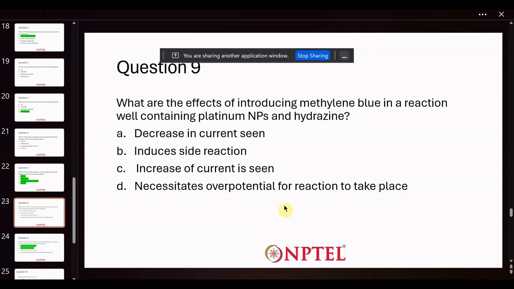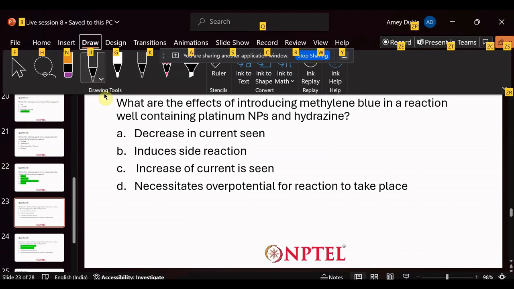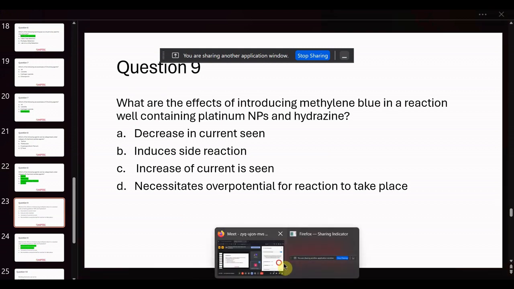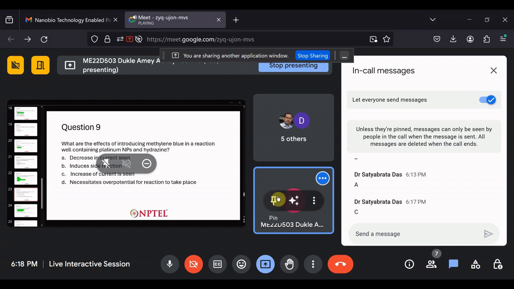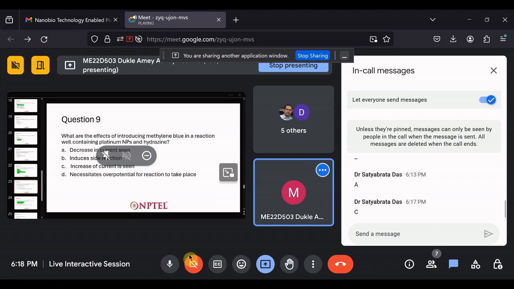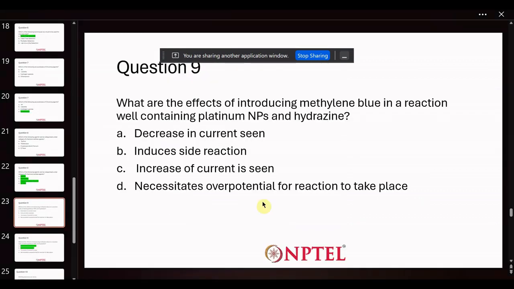So the major function of any nanoparticle is to induce some side reactions so that you can detect this. There is faster electron transfer, and that leads to a higher signal to background ratio. And nanoparticles are obviously conductive in nature, so that leads to less current being required for the signal to be detected. So from these things, what do you think will be the right answer? So the answer is induces side reaction.